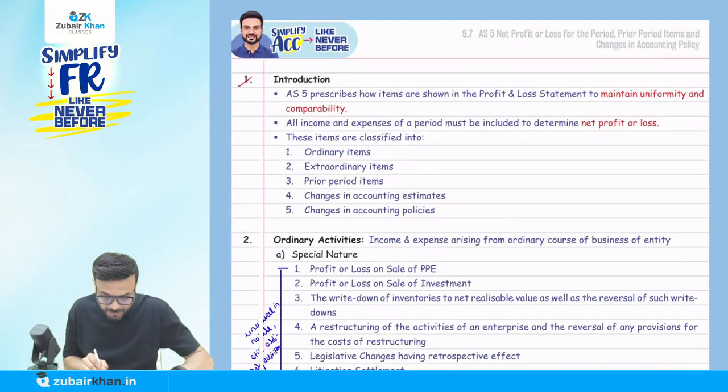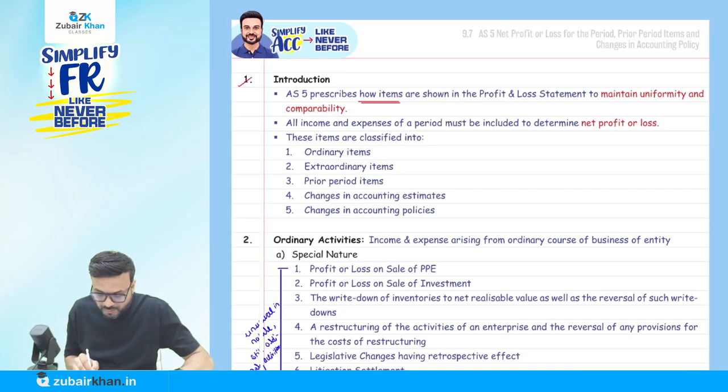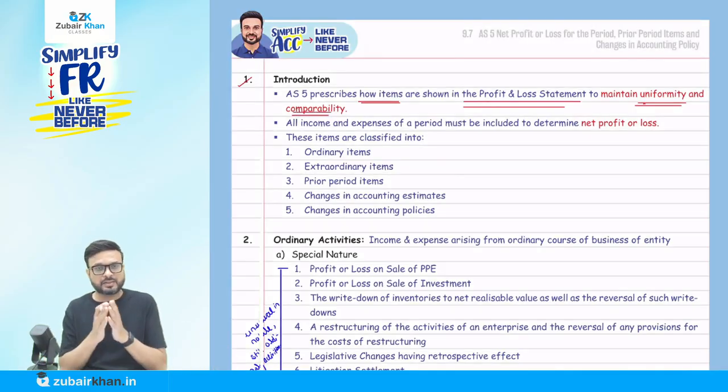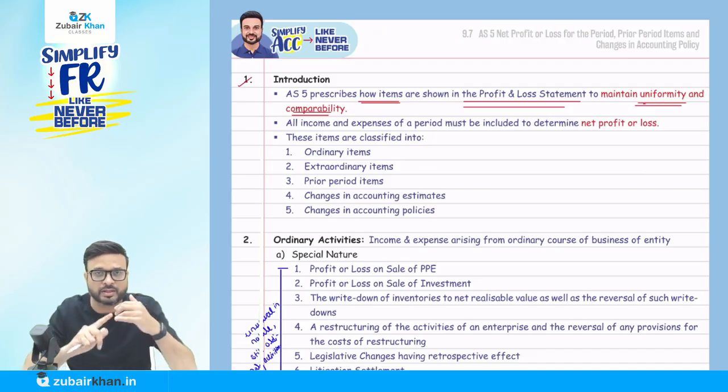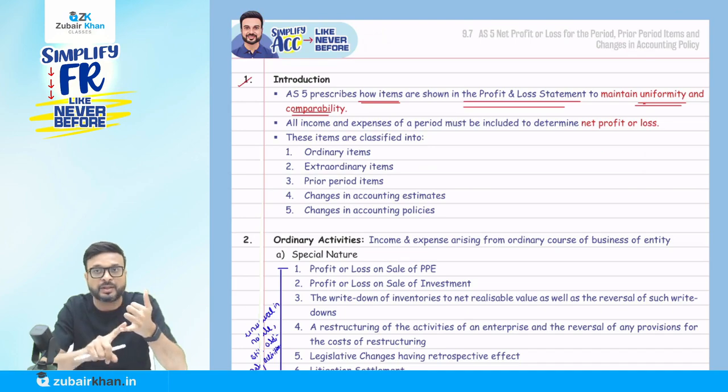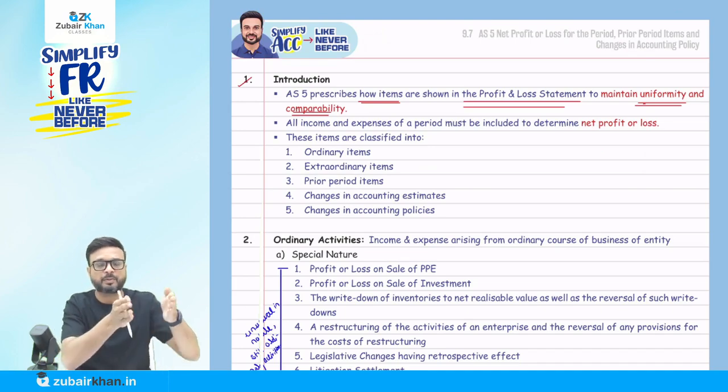It says AS 5 prescribes how items are to be shown in the profit and loss statement to maintain uniformity and comparability. So how to present in the P&L account is what we will discuss here. This gives us comparability and uniformity: the same type of presentation every year.